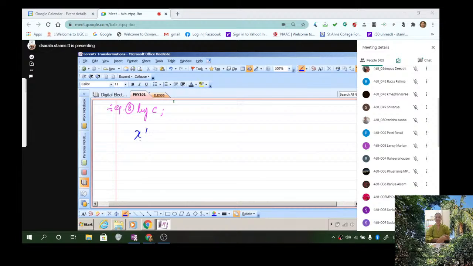I think we've already taken down. x dash by c was equal to (x minus vt) by c into 1 minus v square by c square. Because of these relations, x dash by c is t dashed and x by c is t. I can write this as t dashed is equal to, one more thing, on the right hand side here, c is common, isn't it?